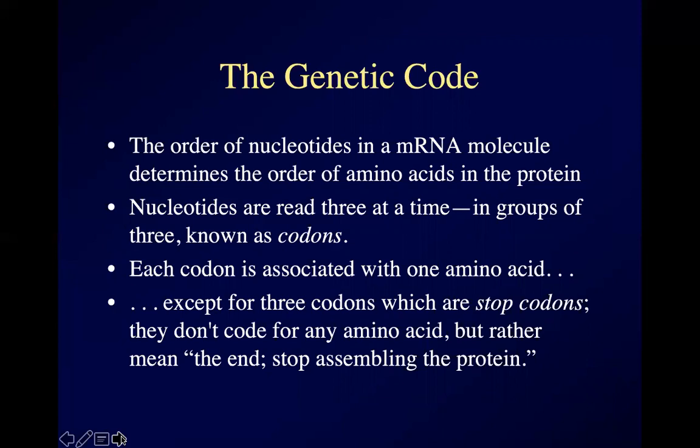It was hypothesized once that maybe every combination of 2 nucleotides stood for a different amino acid, but even that won't work because if we have 4 nucleotides, there are 16 possible combinations of 2. What happens is that you read nucleotides 3 at a time, and a group of 3 nucleotides is called a codon.